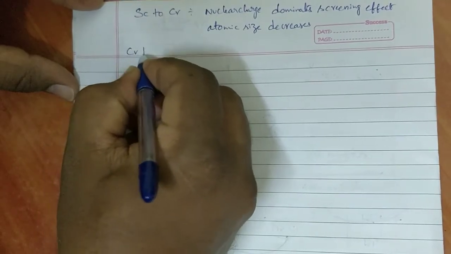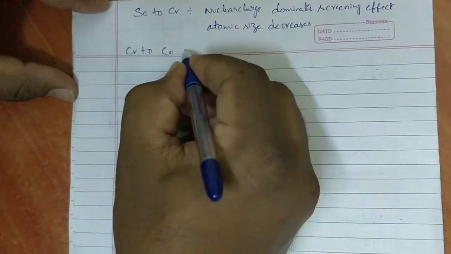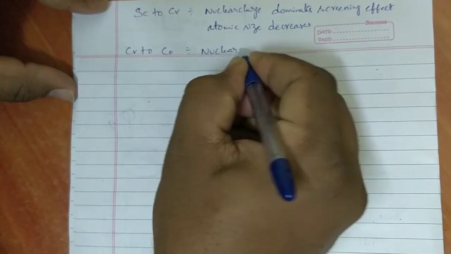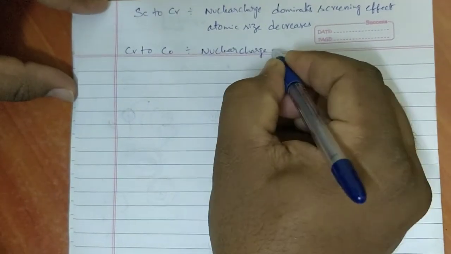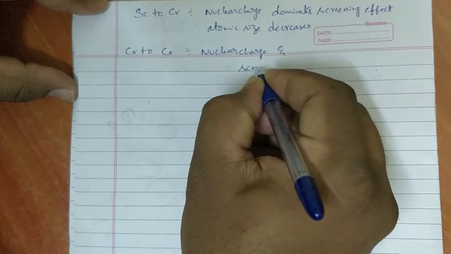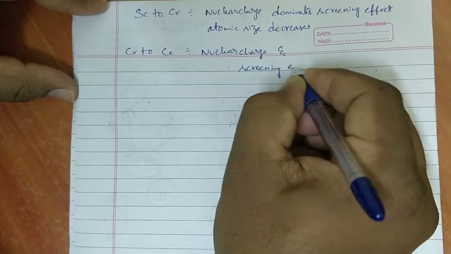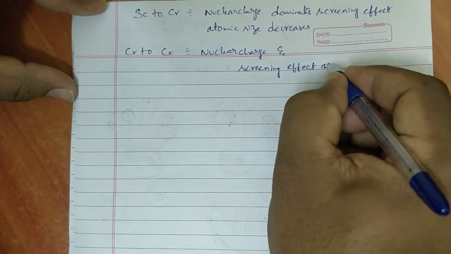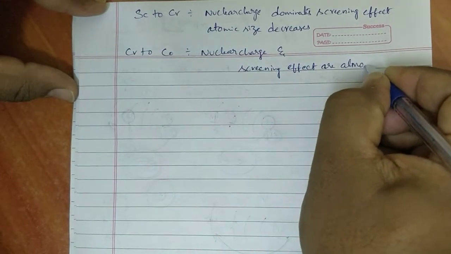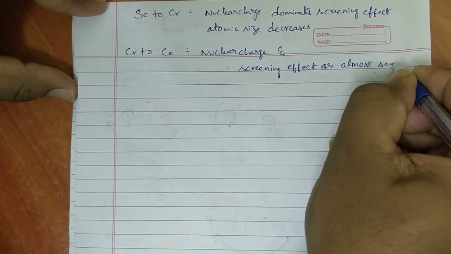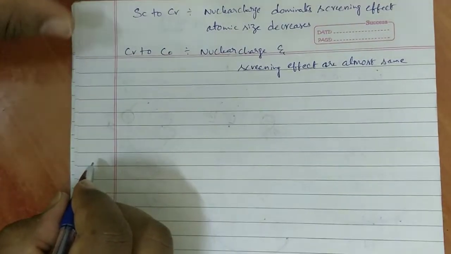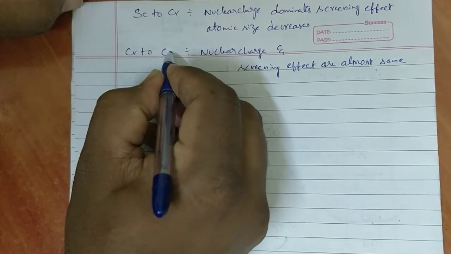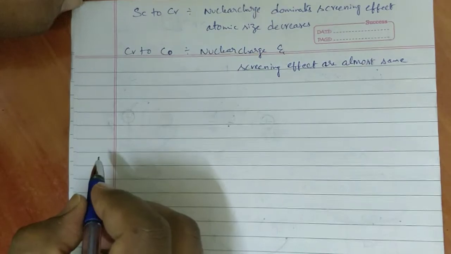Next, chromium to cobalt, nuclear charge and screening effect are almost the same. When both are almost the same, screening effect and nuclear charge are balanced.